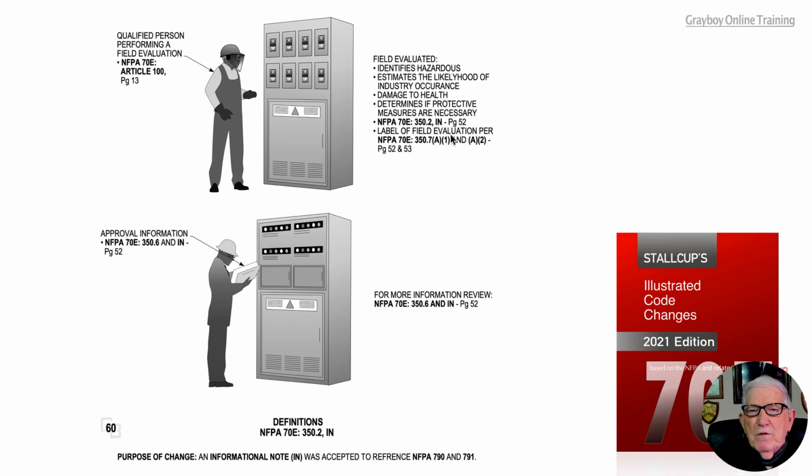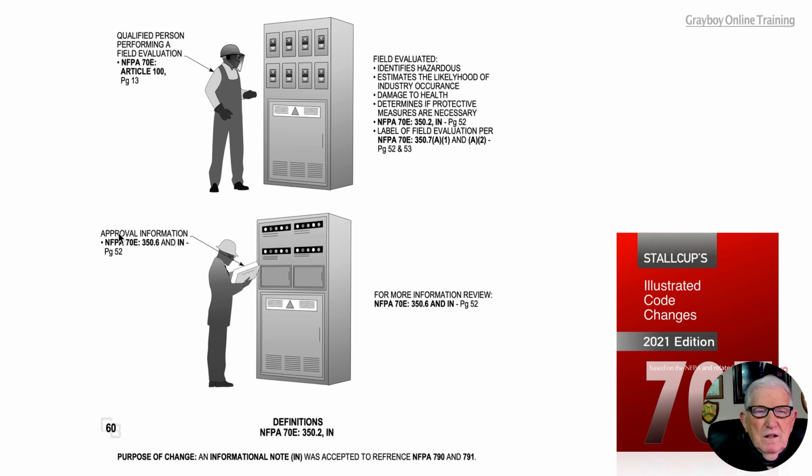The label or field evaluation that's required, review 70E 350.7(A)(1) and (A)(2) on pages 52 and 53, as you see here in the field evaluated information. Of course, we have a qualified person here that fully complies with the definition in 70E Article 100 on page 13, performing this evaluation.